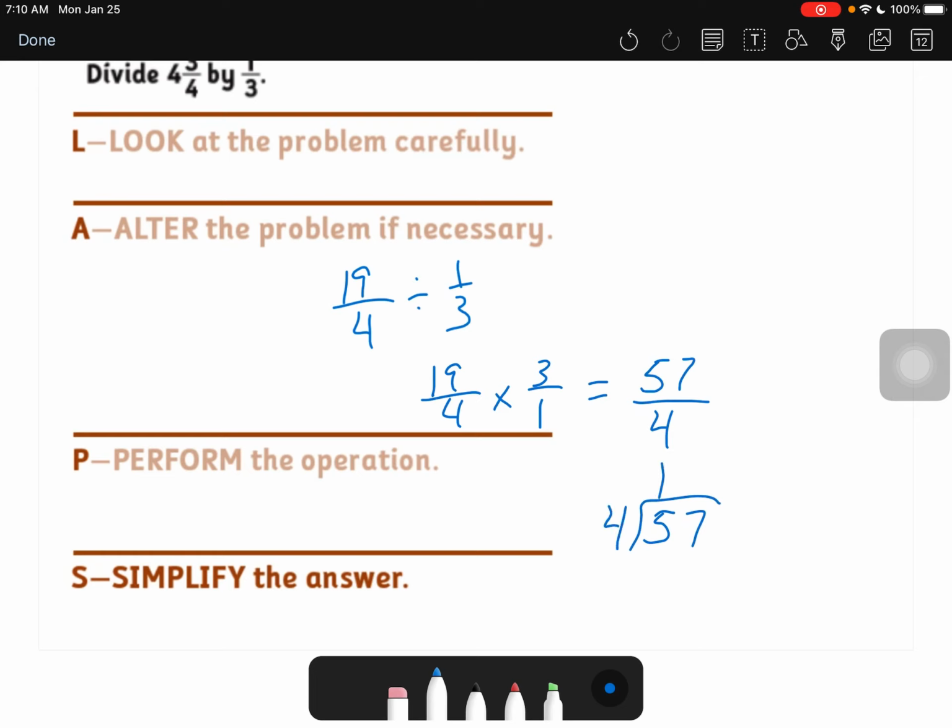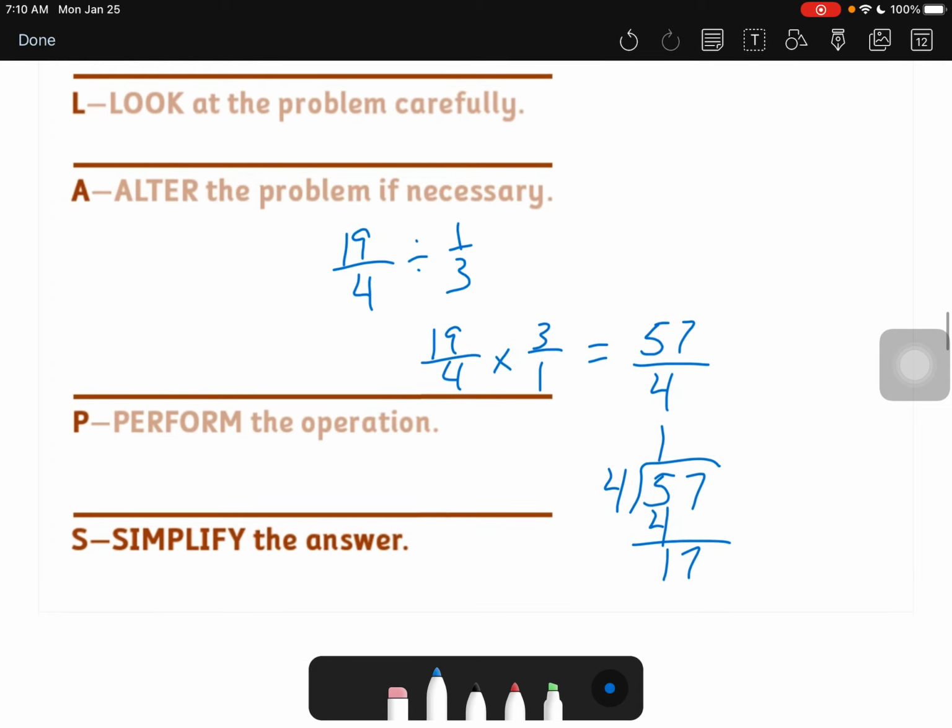Let's see, that would be 1. 1 times 4 is 4. And I get 17. 4 goes into 17 4 times. 16 with the remainder of 1. So I get 14 1/4.